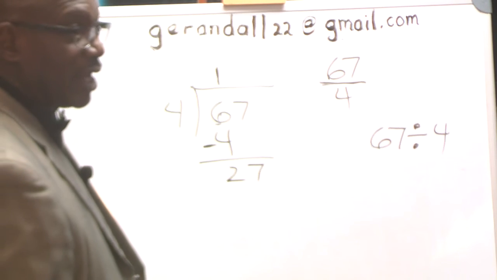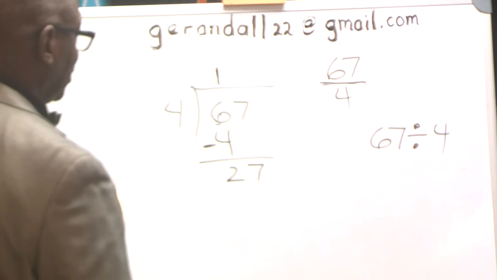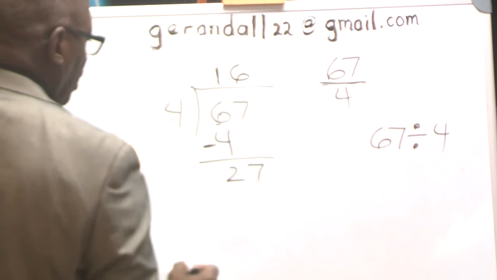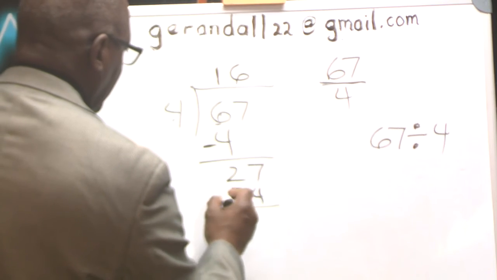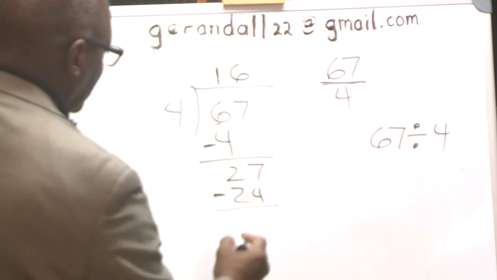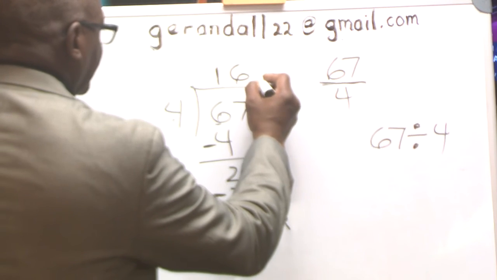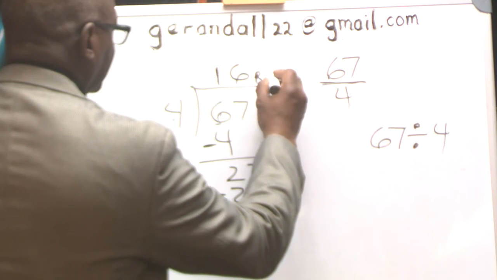How many 4s can you get out of 27? 8, no. 7, no. 6. 6 times 4 is 24. Subtract. 3 is our remainder. So our answer is 16 with a remainder of 3.